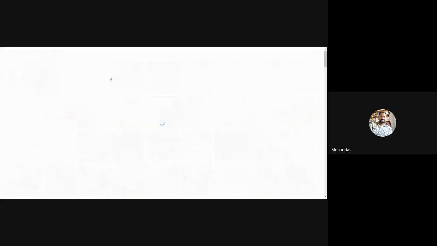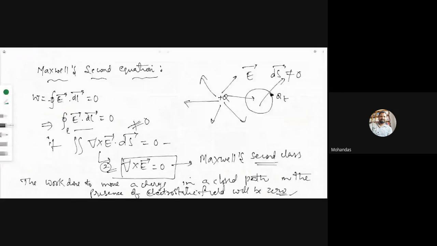So the work done, as we discussed here, in moving a charge around a closed loop is equal to 0.